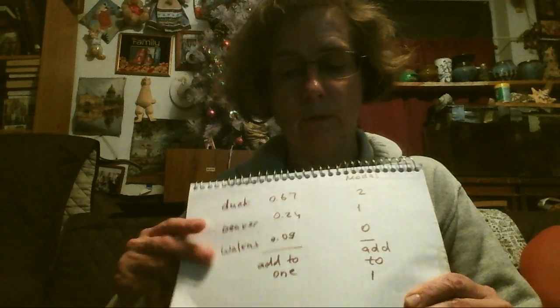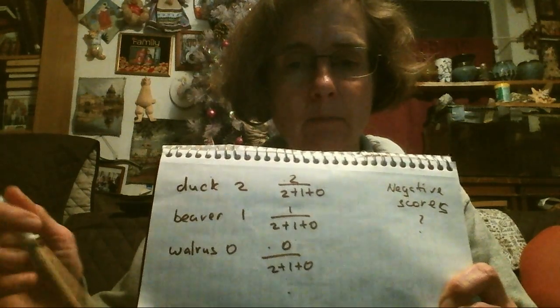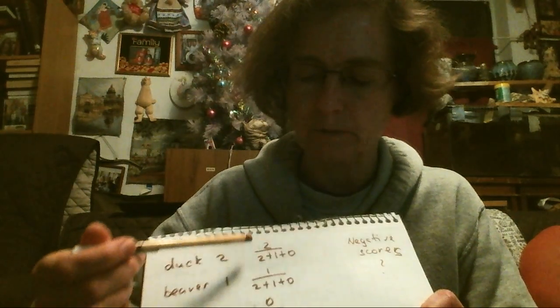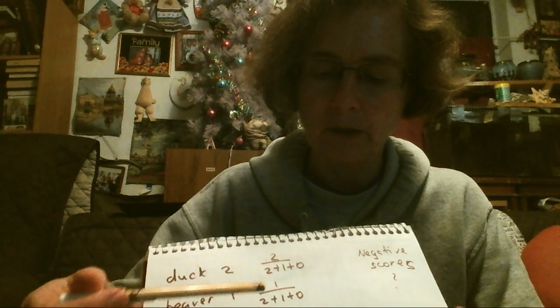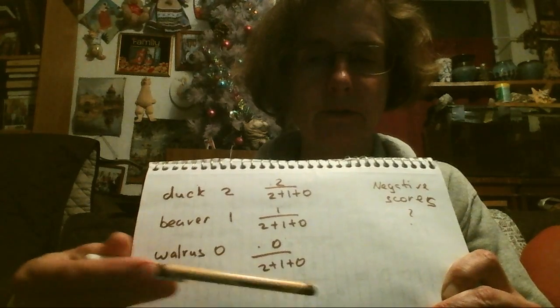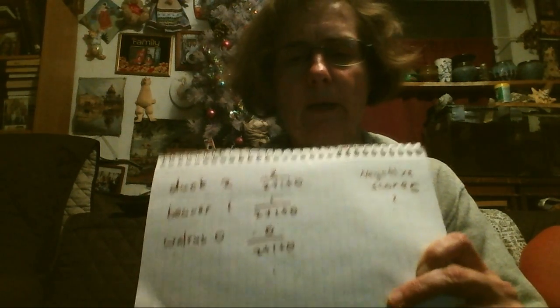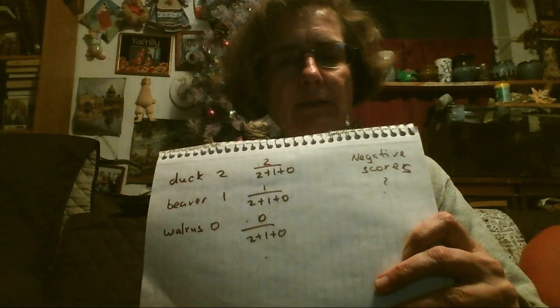So what do we do? What does our activation function need to do? Well, one approach we can take is to divide our scores by the sum of all scores. So 2 divided by 2 plus 1 plus 0, 1 divided by 2 plus 1 plus 0, and you can see for walrus. That's a great idea.